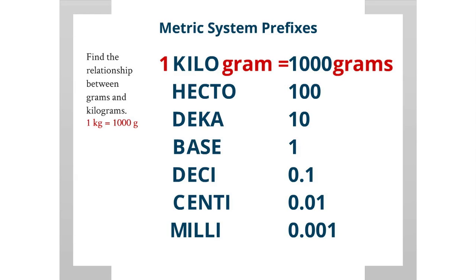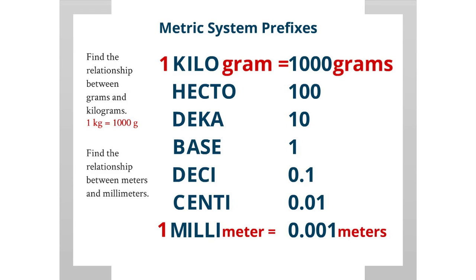Let's do another one. Let's find the relationship between meters and millimeters, another important metric relationship. 1 millimeter equals 0.001 meters. So if we write that out, 1 millimeter equals 0.001 meters.